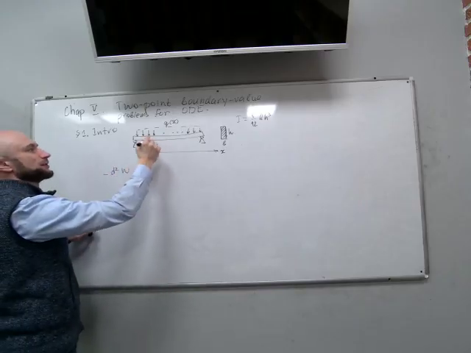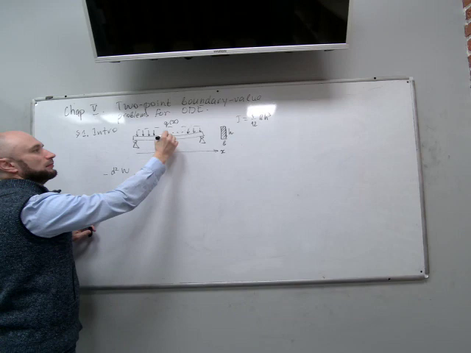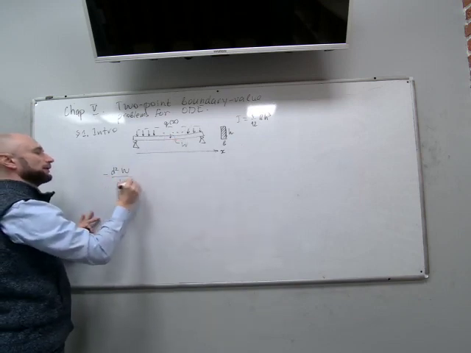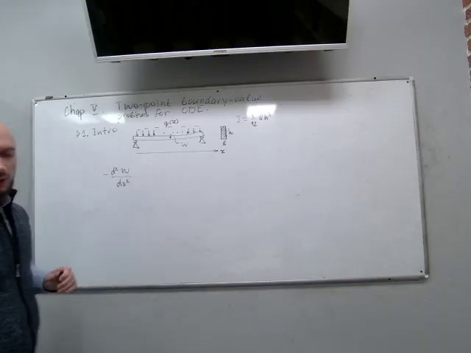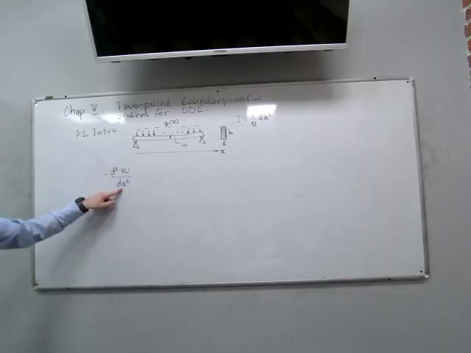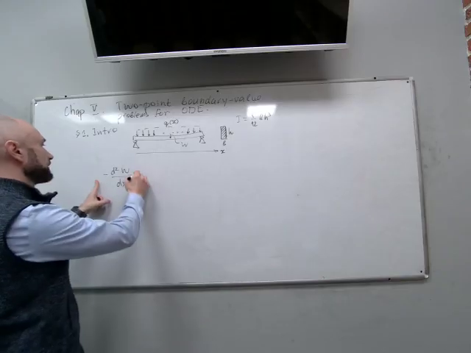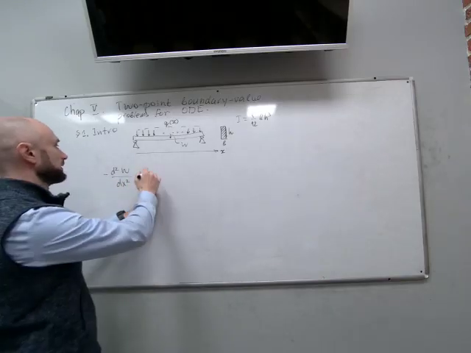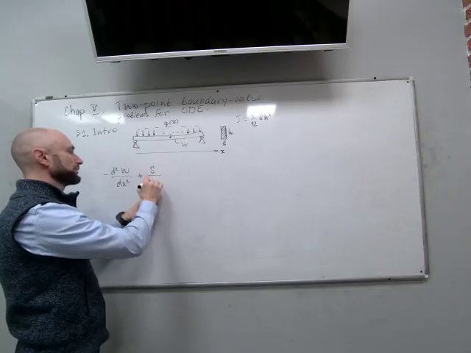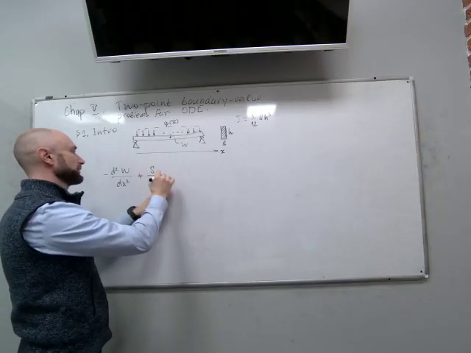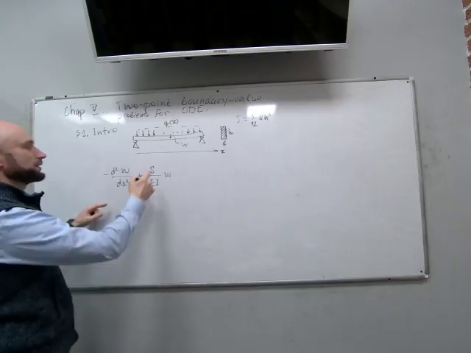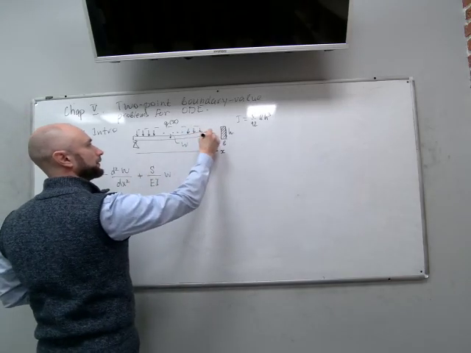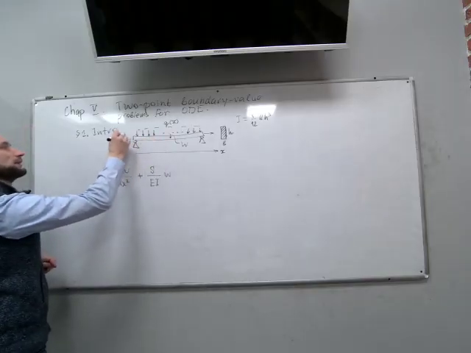Suppose the deflection, we denote the deflection by W, then the equation reads the second derivative of this W taken with the negative sign plus some quantity that I will just explain in a second. This S is the force that's applied.